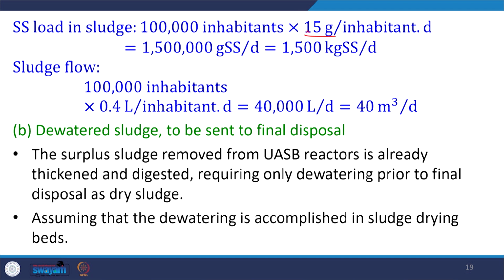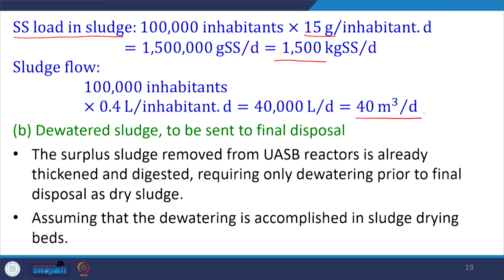So, the amount of sludge which will be there, the SS load in the sludge, will be 15 gram per inhabitant per day. So, roughly 1500 kg of SS will be produced per day, and the amount of sludge that will be produced we can roughly take to be 40 meter cube per day.